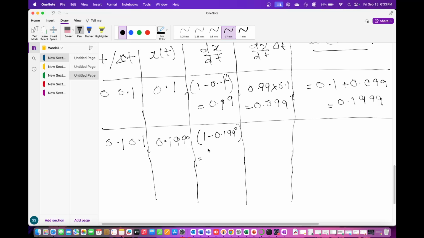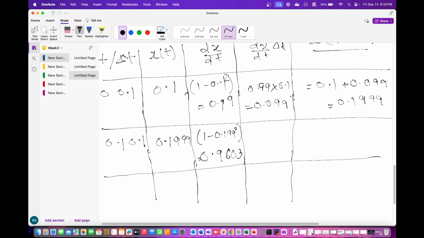This comes out to be, if I remember, 0.9603, something like this. So many decimal places are not required, but anyway.